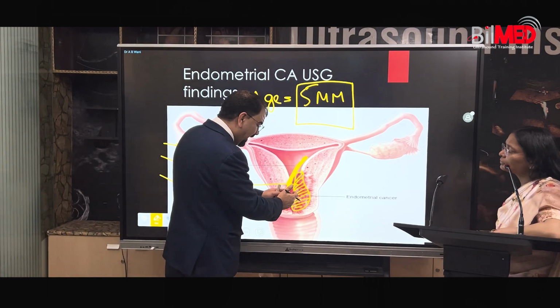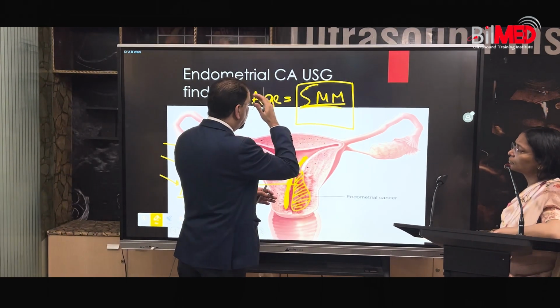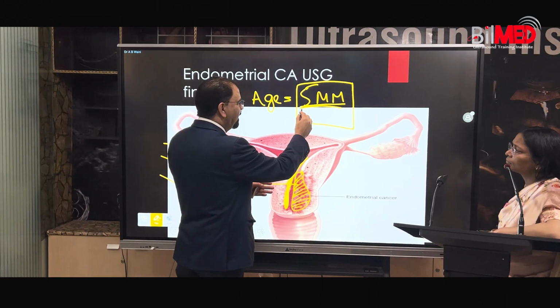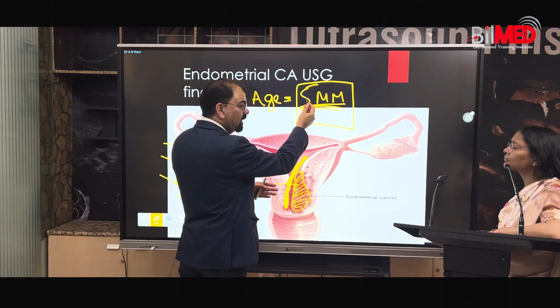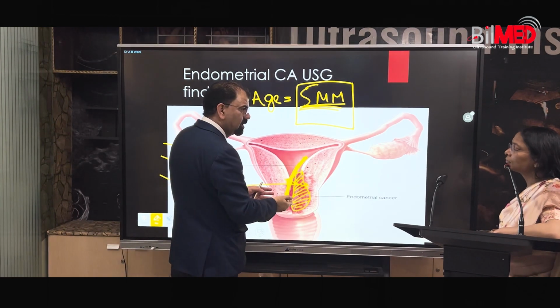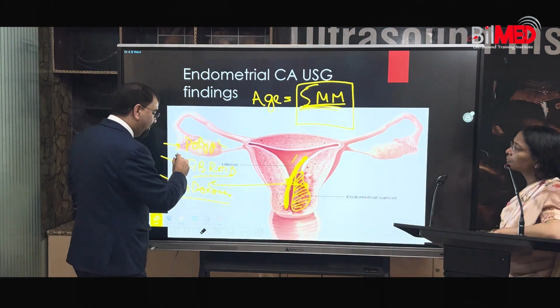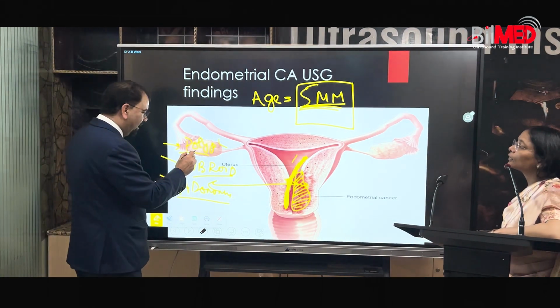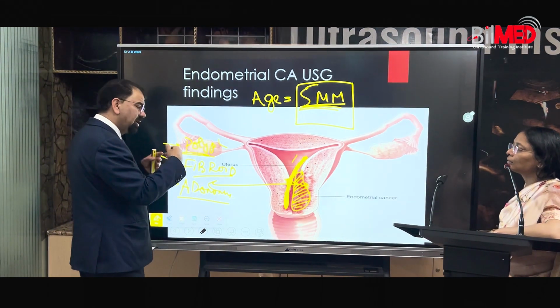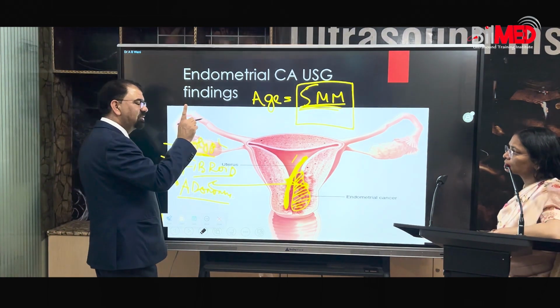You know that I will not expect more than 5 millimeters of endometrium, so you will be thinking of labeling a polyp. That is why I wrote it over here. But let's discuss this polyp and differentiate it from the CA.